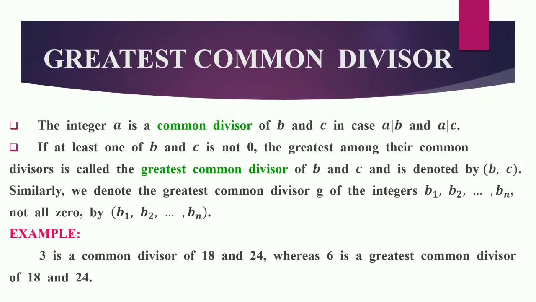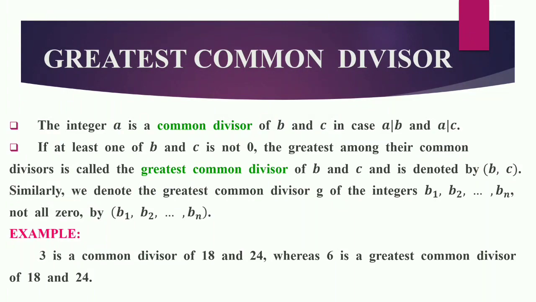Greatest common divisor. If an integer a divides both the integers b and c, then we say that a is a common divisor of b and c. If at least one of b and c is not 0, then the greatest common divisor, that is GCD of b and c, is the greatest among their common divisors, and we denote the GCD by (b, c) inside a parenthesis.